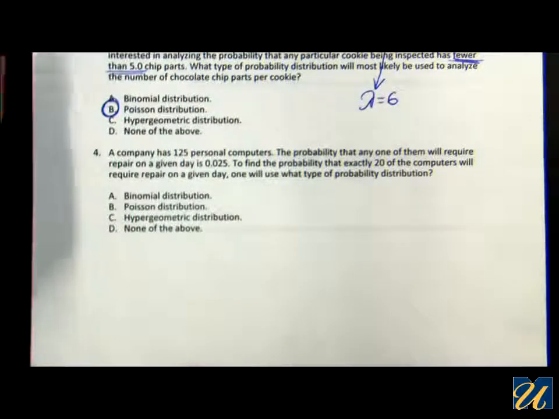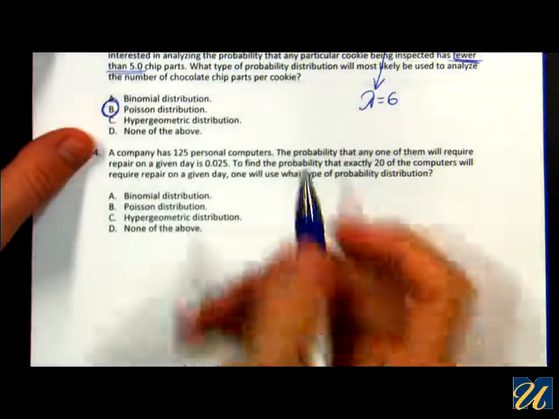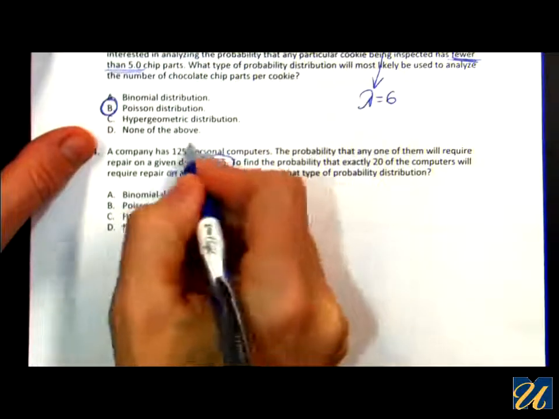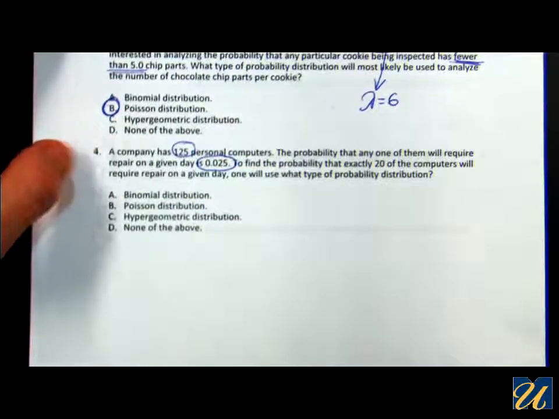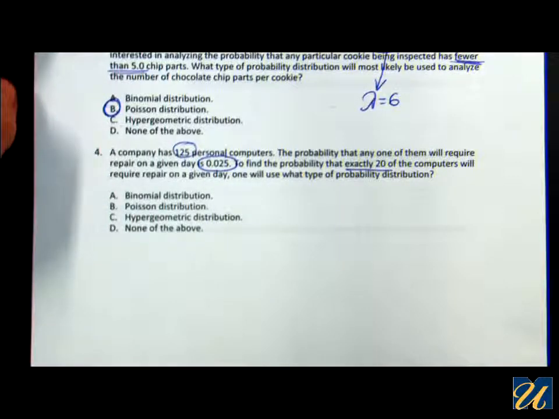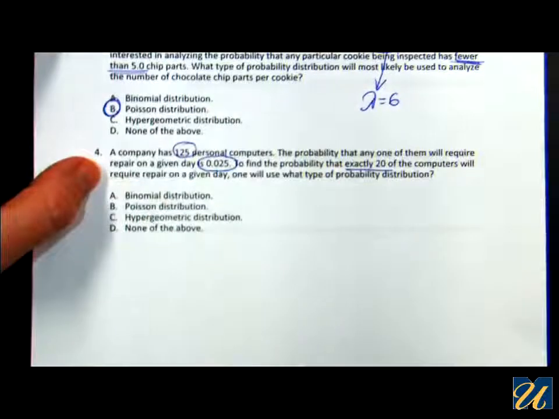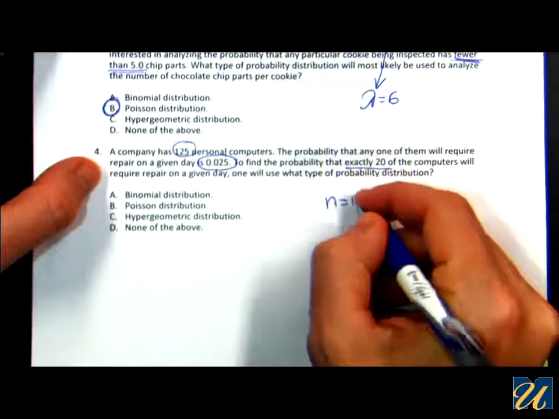A company has 125 personal computers. The probability that any one of them will require repair on a given day is 0.025. To find the probability that exactly 20 of the computers will require repair on any given day, one will use what type of probability? We are given n, which is 125.